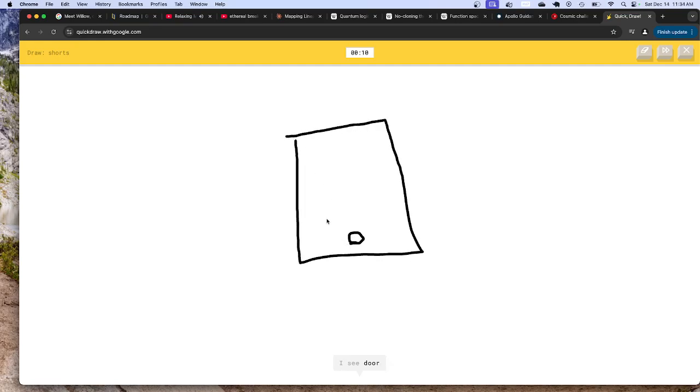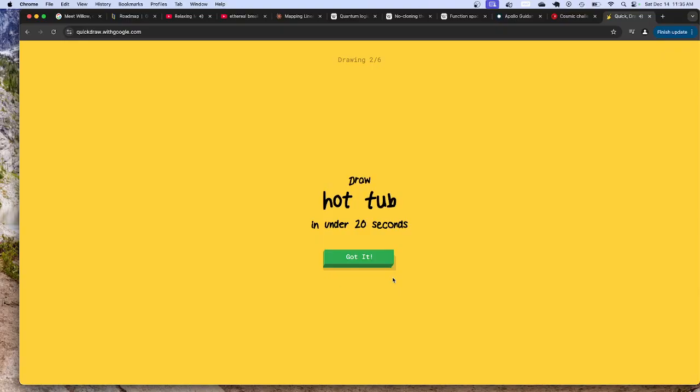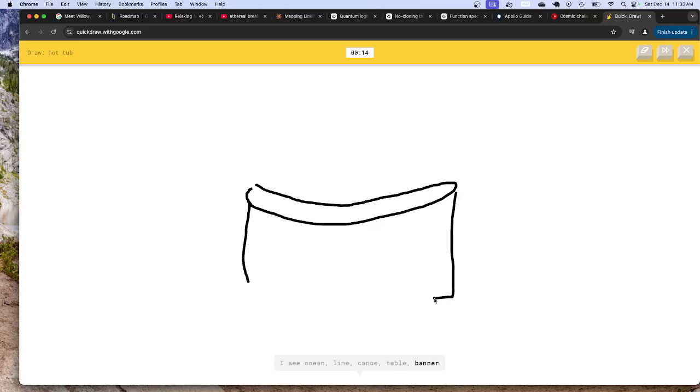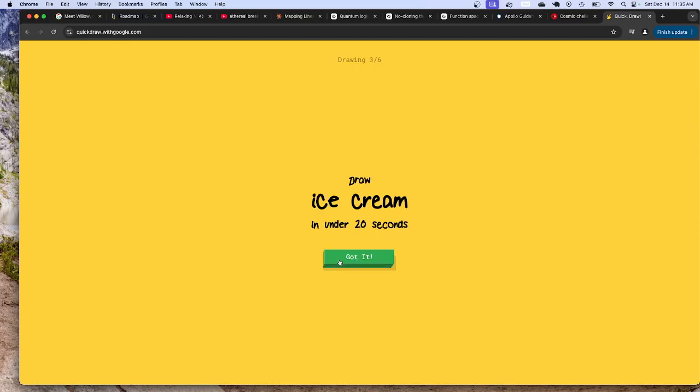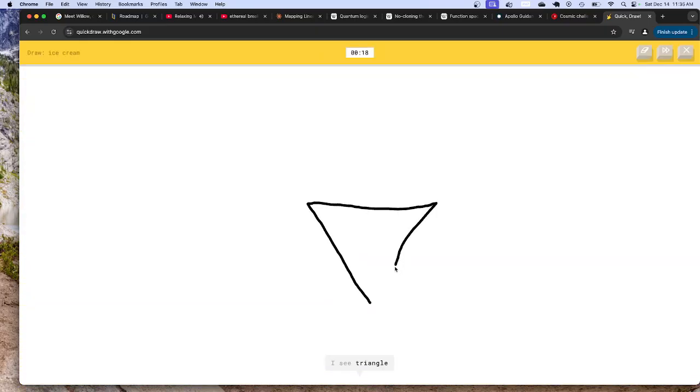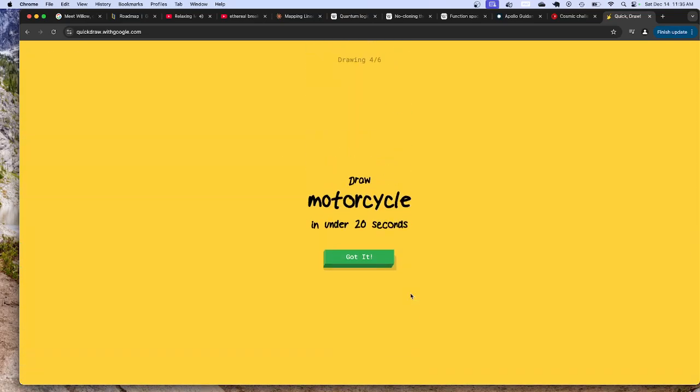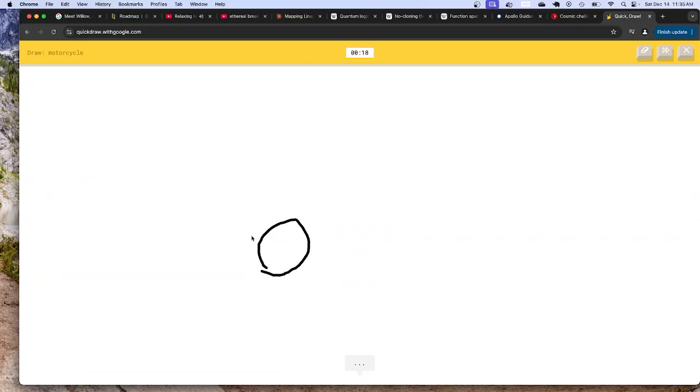I see square. I see door. I see cell phone or telephone. I have no clue what you're drawing. Sorry, I couldn't guess it. I see ocean, or line, or canoe, or table, or banner. Oh, I know, it's hot tub. I see triangle, or star, or diamond. Oh, I know, it's ice cream. I see circle.